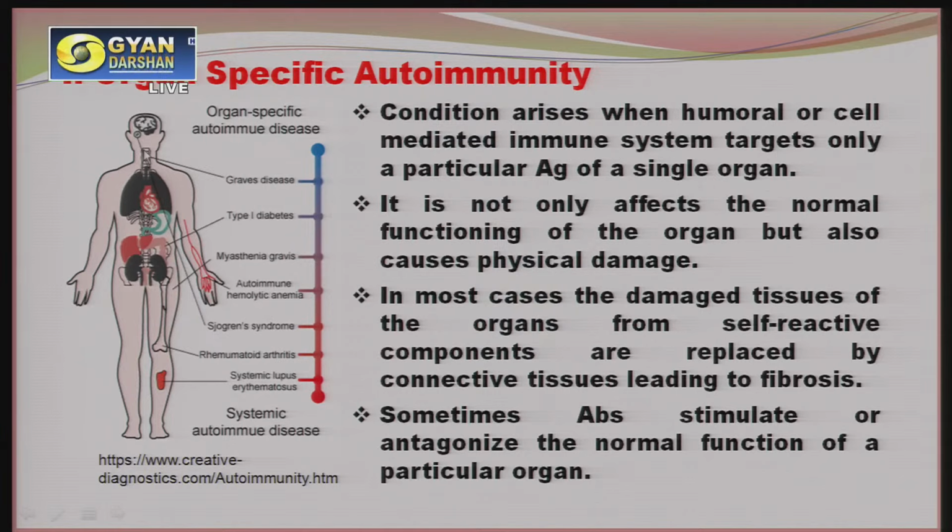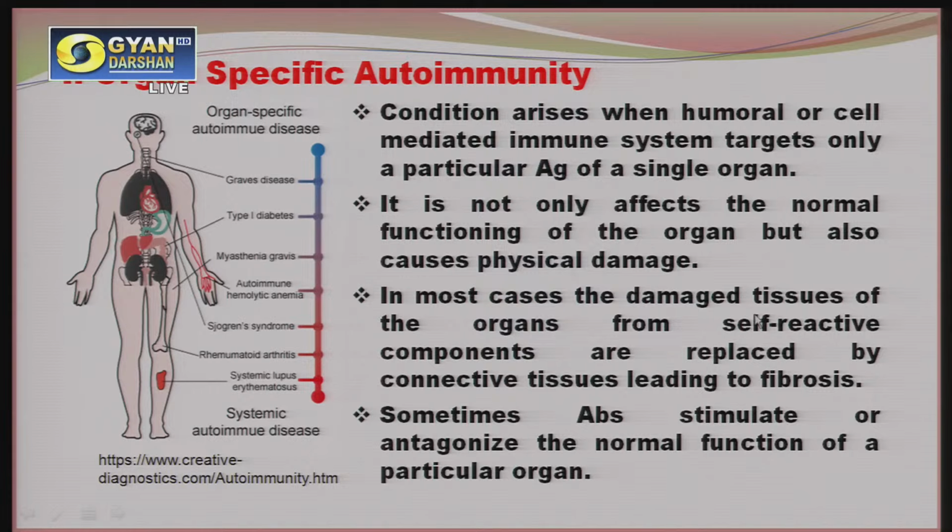So here are a number of organs, like the thymus, the kidney, and the liver, various organs which are available inside the body. Even the intestines. They can develop autoimmunity, and it not only affects the normal functioning of the organ, but also causes physical damage.